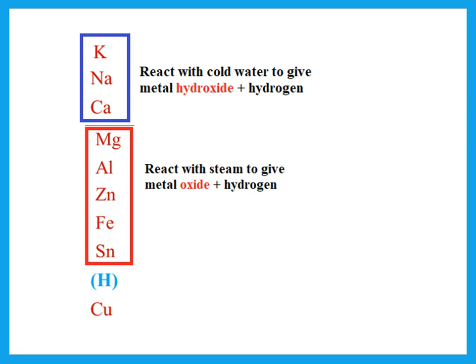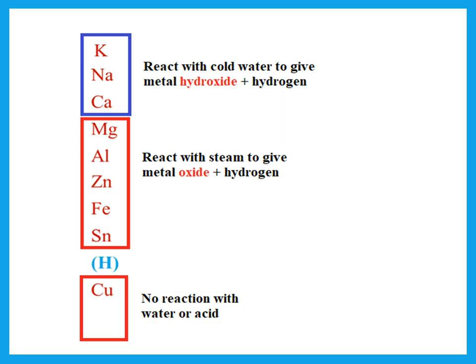Now, all the other metals that are above hydrogen in the reactivity series will react with steam. So magnesium with water is very slow, so we react it with steam. When the metal reacts with steam, it gives the metal oxide: magnesium oxide, aluminium oxide, zinc oxide, plus hydrogen gas.